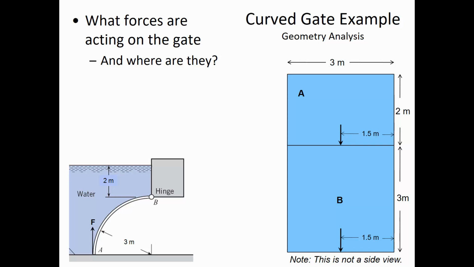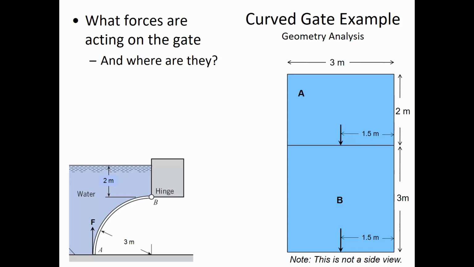So the area moment of inertia is 9 meters to the fourth. So that's what we'll substitute in here for I: 9 meters to the fourth, over 3.5 meters multiplied by the area of 12 meters squared. So YCP is 3.7143 meters. So that tells us how far from the water surface down to where that force is located. 3.7143 meters is from the water surface to the point of application.